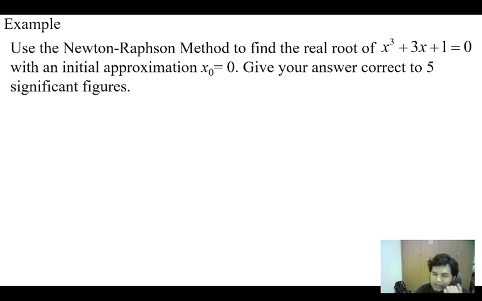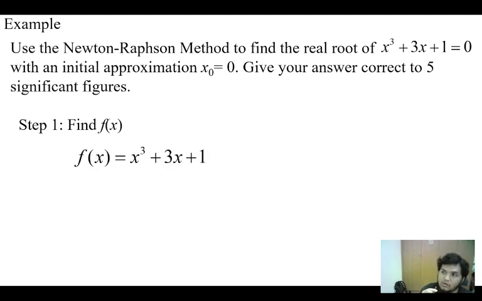Step number 1, you have to find f of x, and f of x must always equal to 0. So in this case, we have f of x is x cubed plus 3x plus 1.